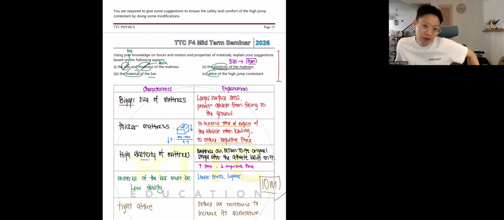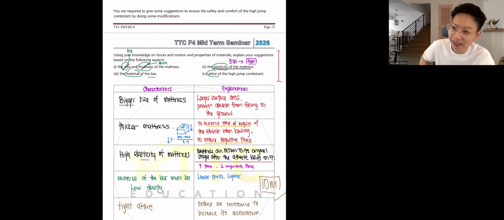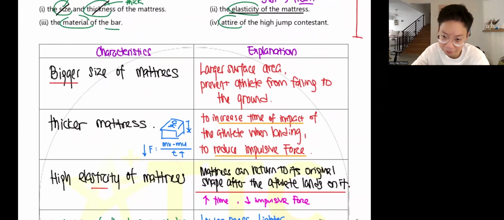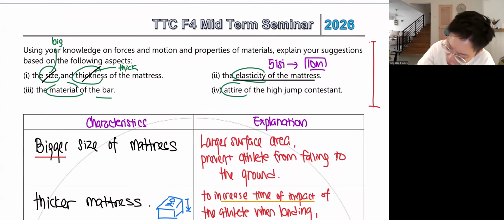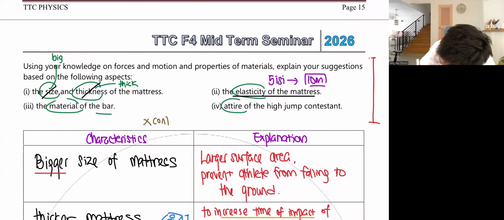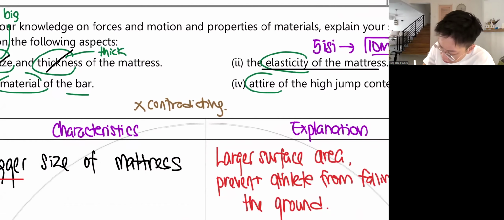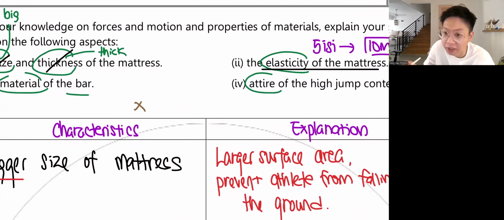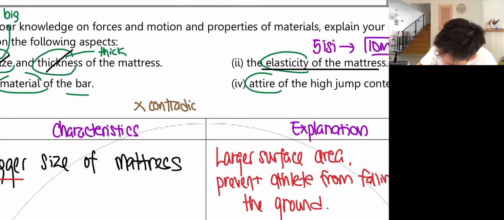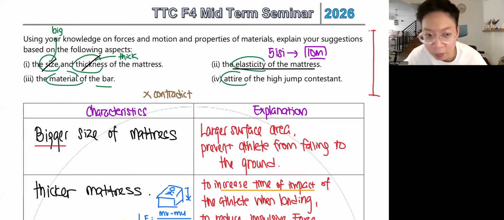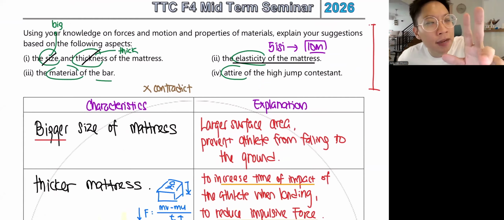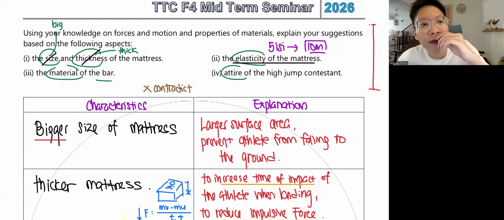Okay, about this wrong cancel out thing, right, guys? Some people say, teacher, if I write a wrong point, what will happen? Okay, remember, do not write contradicting points. Do you know what is contradicting points? Don't write contradict answer. Meaning to say, some people will say, hey, JUNGHAO say must write more. So you know what they go and write?